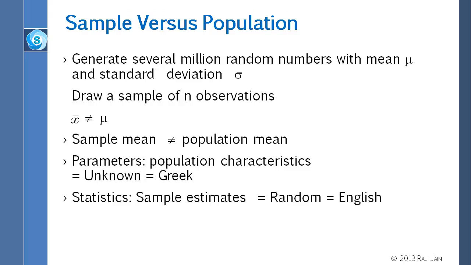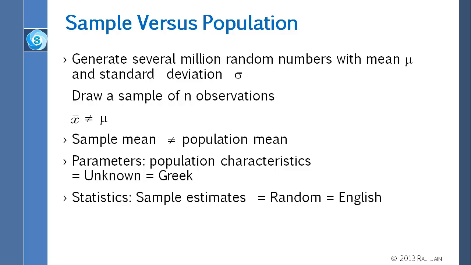So if you generate several million random numbers with mean mu and a standard deviation sigma, and from those millions you take n observations, let's say 100 observations, the sample mean will not be equal to mu, guaranteed almost. There is some chance that it might be equal to mu, but even though you generated it correctly from a distribution whose mean was mu, the sample mean will not be equal to mu.